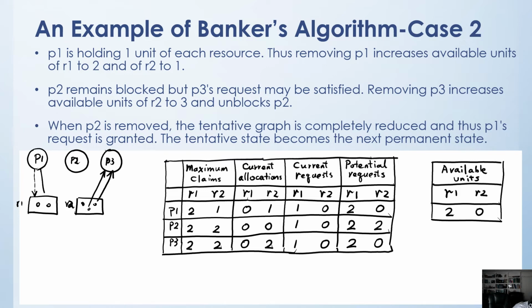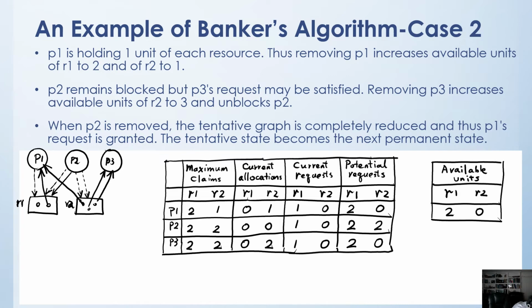P1 has a request, and then we granted the request, so it changed to allocation, and we find out after we allocate 1 unit of R1 to P1, this is not going to lead to the deadlock state, so we just change to that state. And then we have 1 claim from P2, 1 request from P2, and we have 1 allocation to P1, and we have 2 claims for R2.